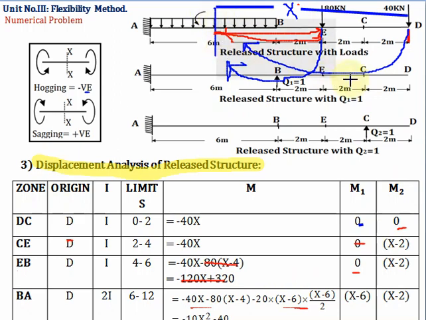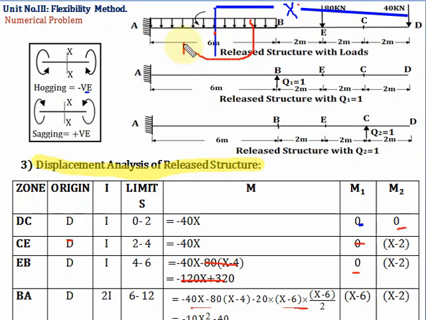Now next load is the UDL. Due to this UDL, the nature of bending moment will be again hogging, so minus. Here the intensity of this UDL is 20. So minus 20, and here we have to find out this length. We'll change the color.